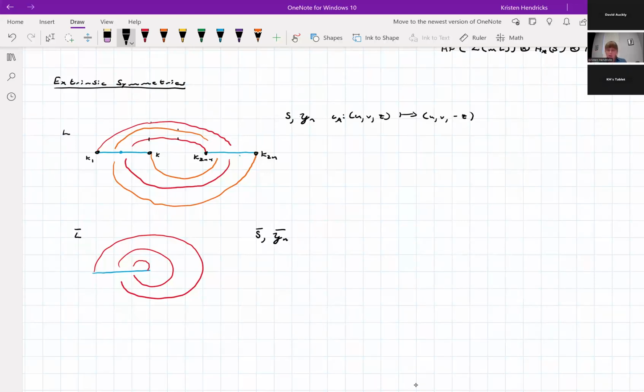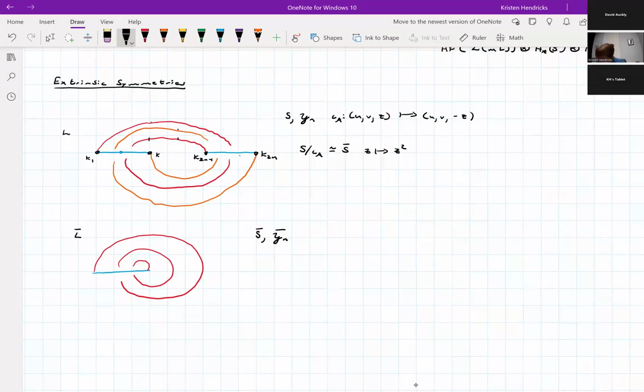You can ask yourself about the fixed set of that action, and what do you get if you try to localize its equivariant coefficient. So notice that S quotiented out by this iota A is exactly S bar. This is just the map z goes to z squared.